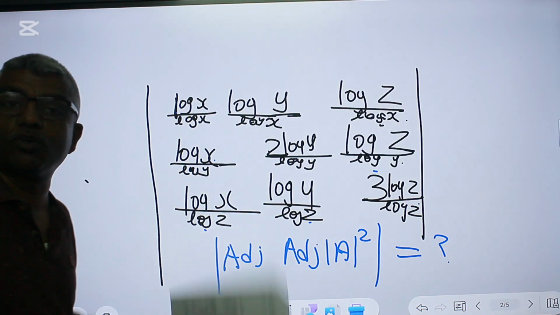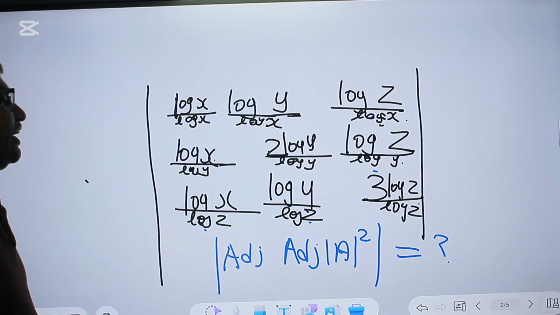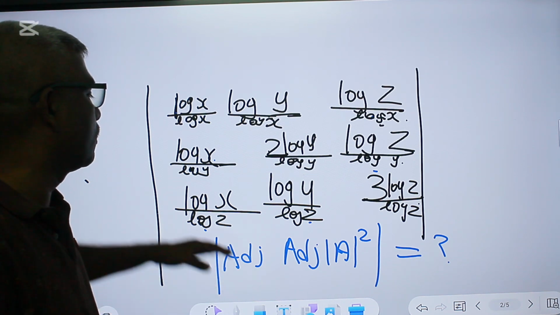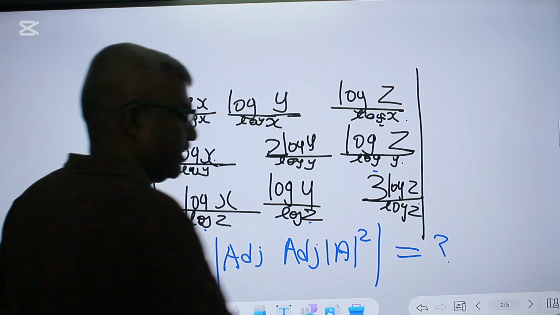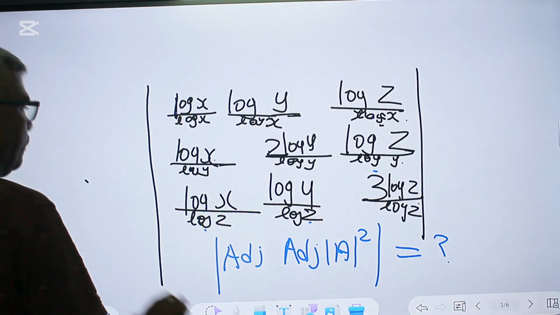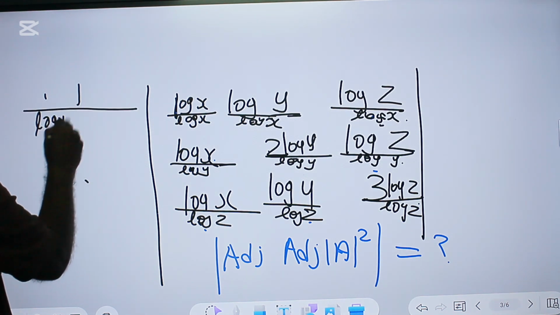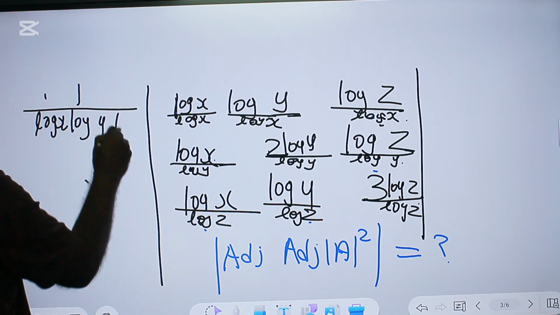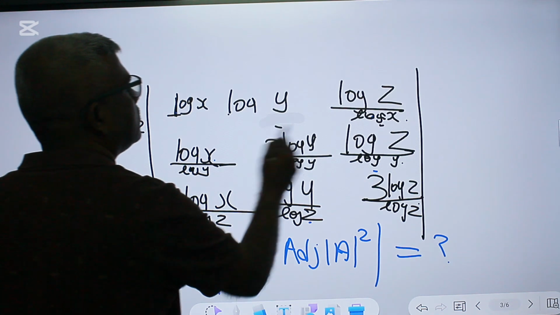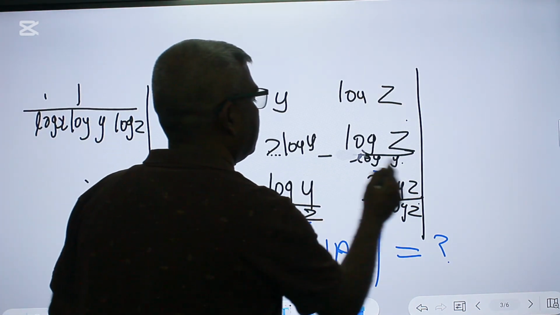Now you see in the first row, 1 over log x we can take out. The second row, 1 over log y you can take out. Third row, 1 over log z we can take out. So we can do this one: 1 over log x, log y, log z. It is a simple way for me.